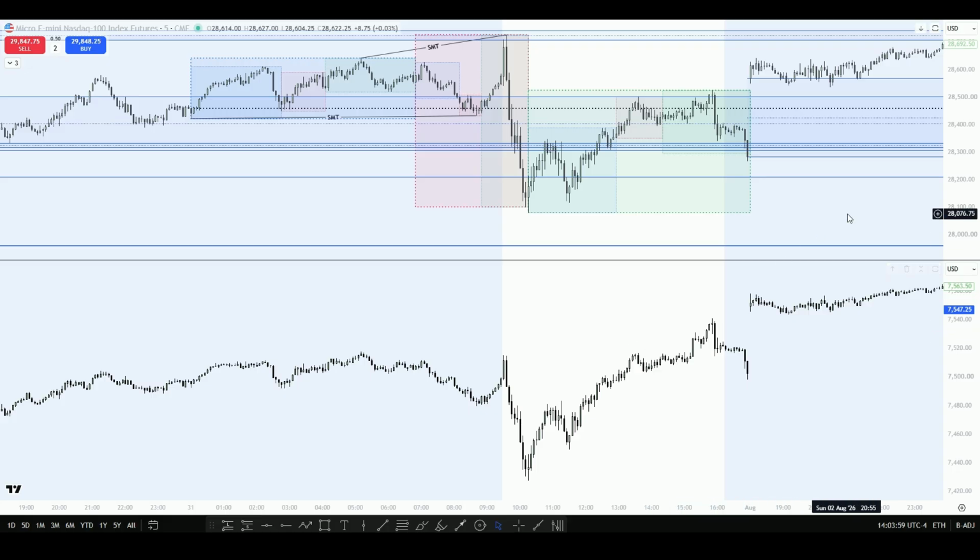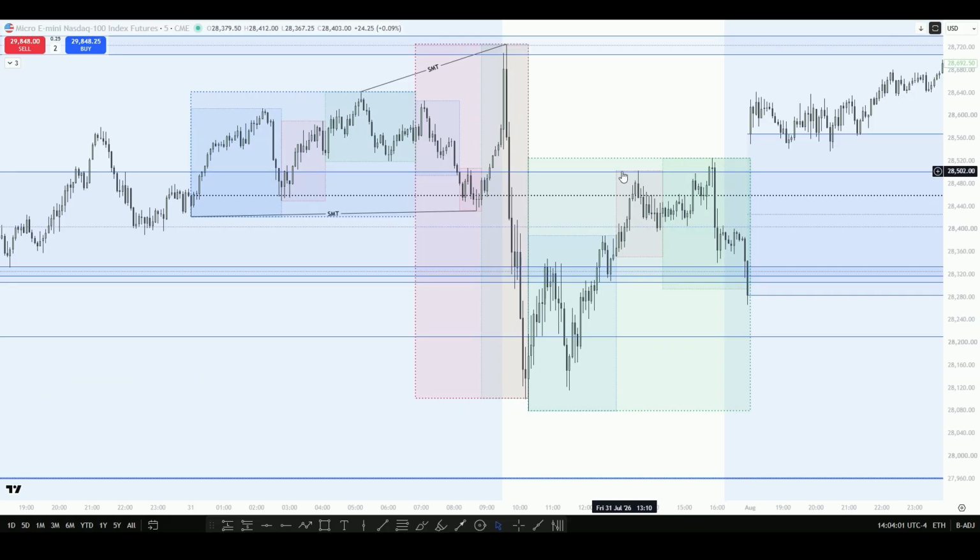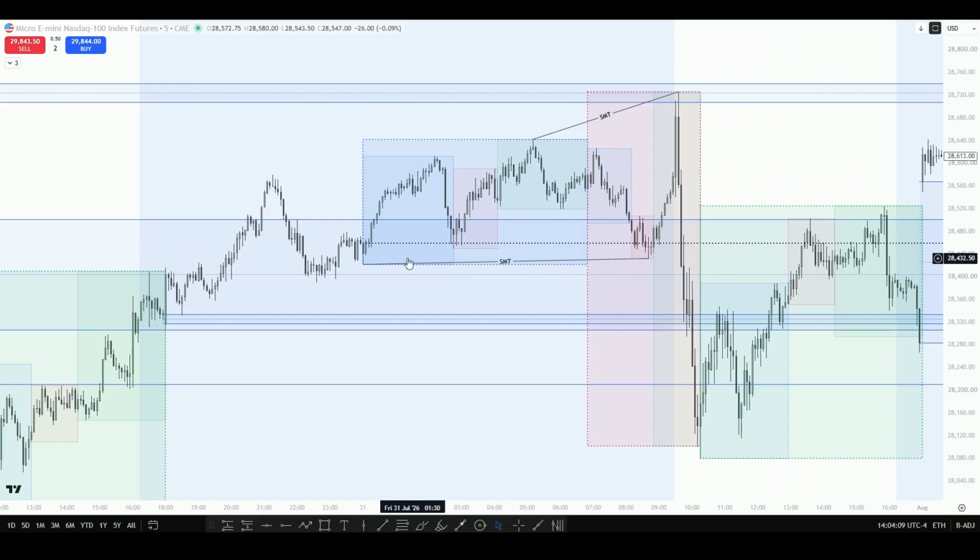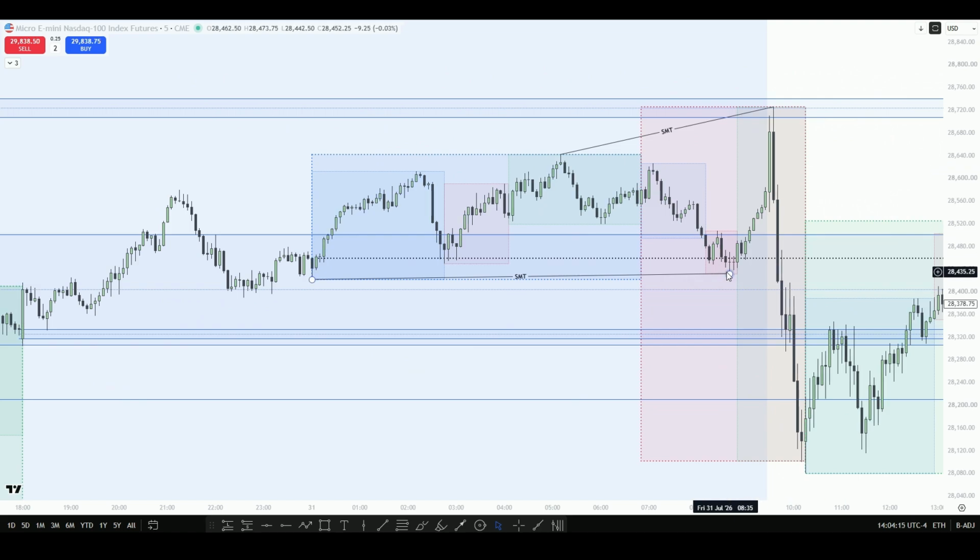Here, although there is no SMT at the very top, this formed at the top of this new day opening gap as well. Here there was a long setup which I actually took and posted on my YouTube and on X. SMT between accumulation and manipulation cycle before we shoot up here.